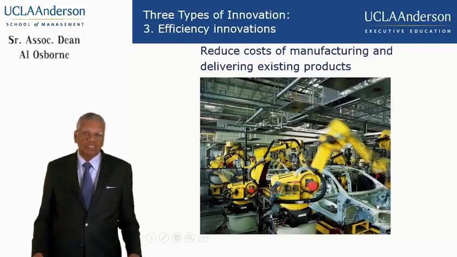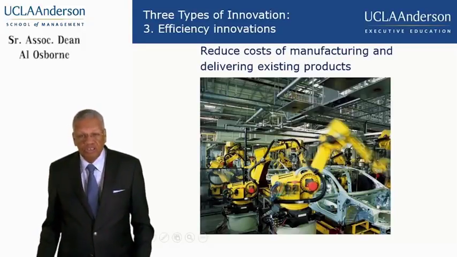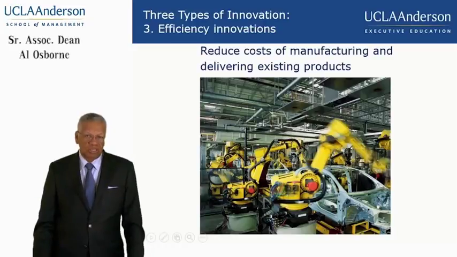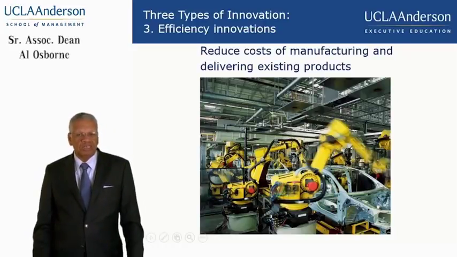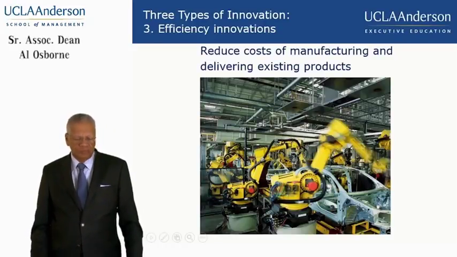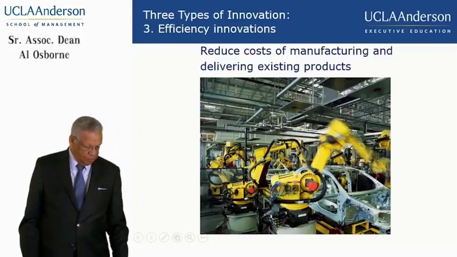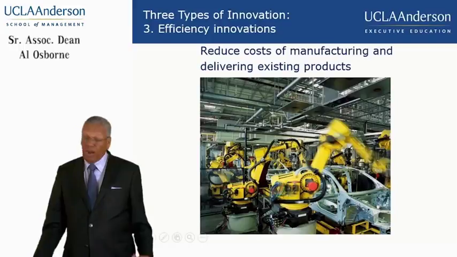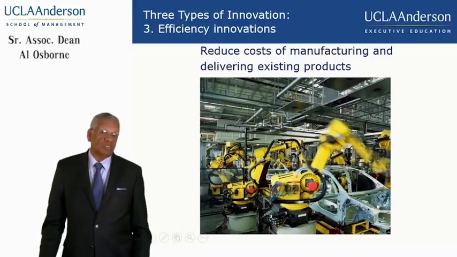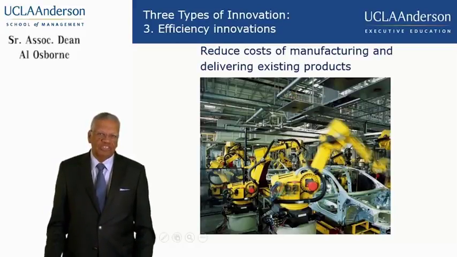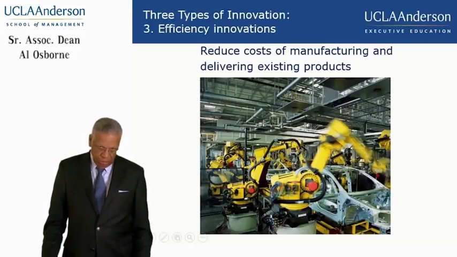So you're delivering the same product and you're reducing your costs dramatically through efficiency innovation. Robots assembling the cars, working faster, more accurately than people, is clearly an innovation in manufacturing that we call an efficiency innovation.